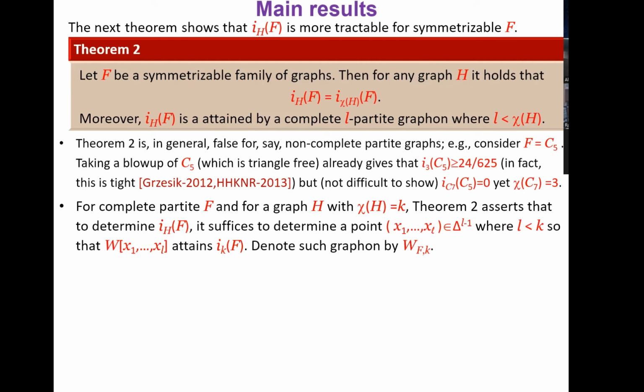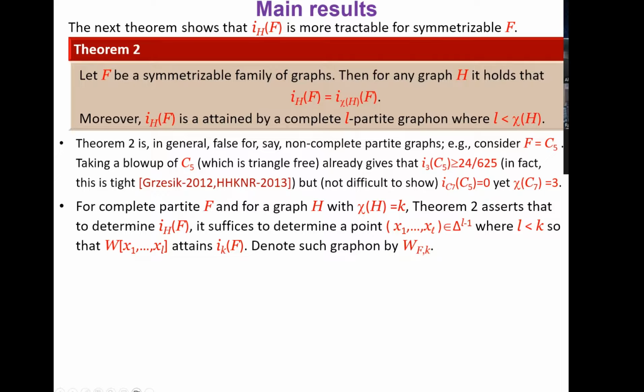Okay, so again, suppose you give me a complete partite graph F and some graph H with chromatic number K. Then the theorem just says that all I have to do in order to determine the inducibility of F inside K-free graphs, or H-free graphs, it's the same thing by the theorem, is to determine a partition of [0,1] into L parts, namely a point in the (L-1)-dimensional simplex, where the number of parts is less than K, the chromatic number.